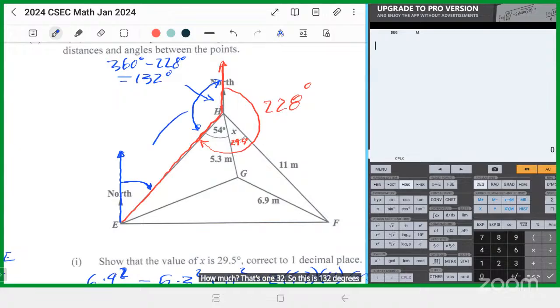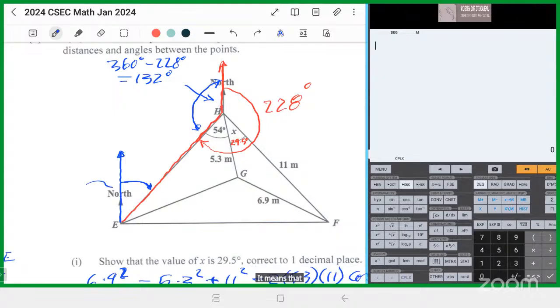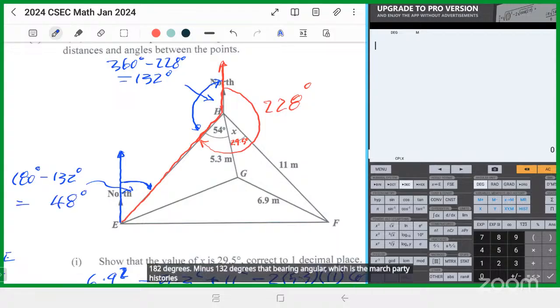And then because these two add up to 180, it means that this bearing angle that they want is 180 minus 132. 180 degrees minus 132 degrees is that bearing angle that they want, which is how much? 48 degrees. But we have to put the 0 in front because it is bearings.